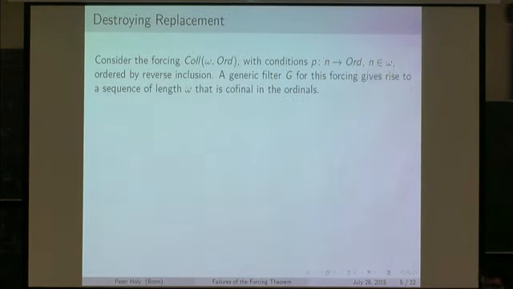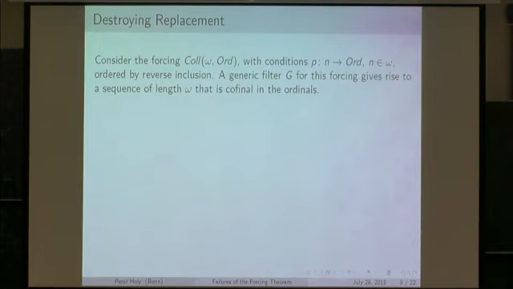And it's quite easy to destroy replacement in a generic extension. So look at the forcing collapse(omega, Ord). The conditions are just functions from a natural number to the ordinals, and the order is the natural one, which means reverse inclusion.